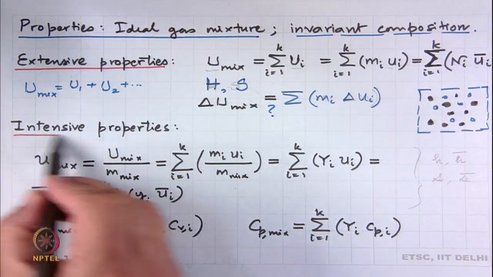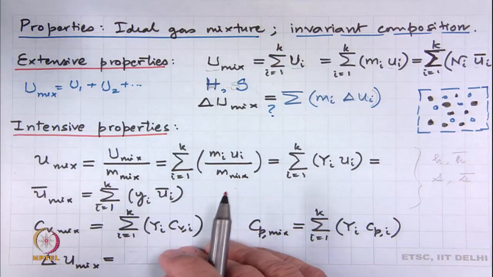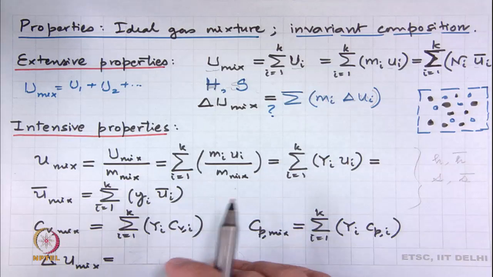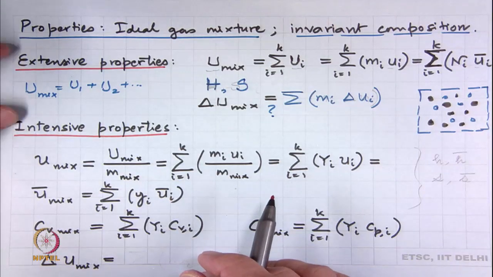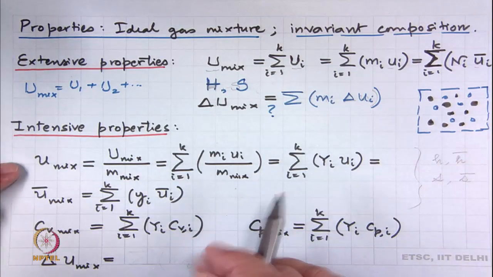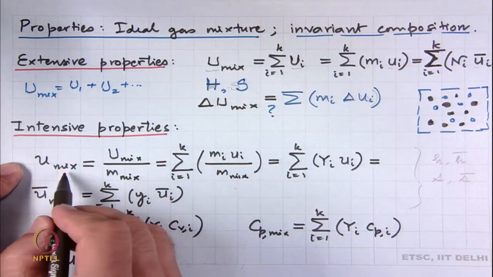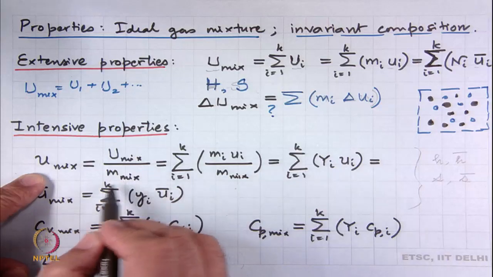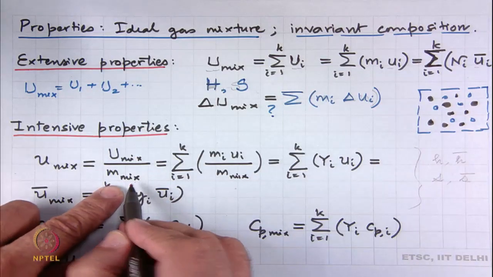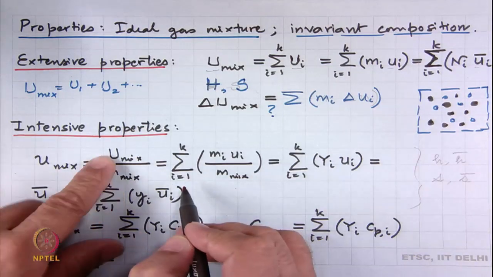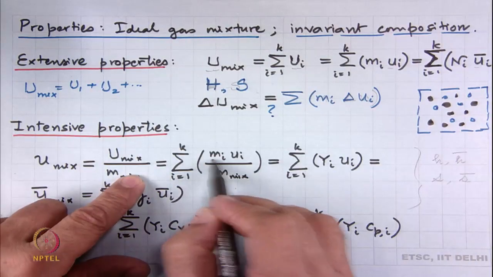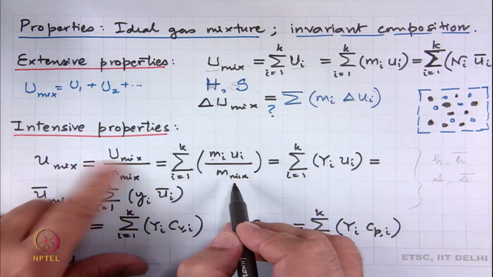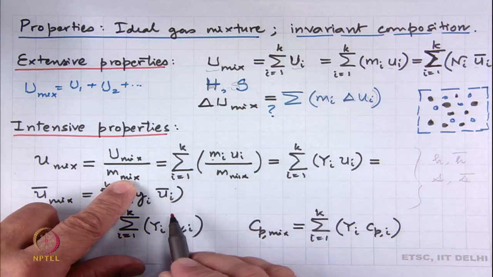Now, we ask how do we get the intensive properties of a mixture, and that is where this first part helps us. The specific internal energy of the mixture is the total internal energy of the mixture divided by the mixture mass, which is the summation of everything, mi ui, in the numerator, and this being common, this goes in the denominator.